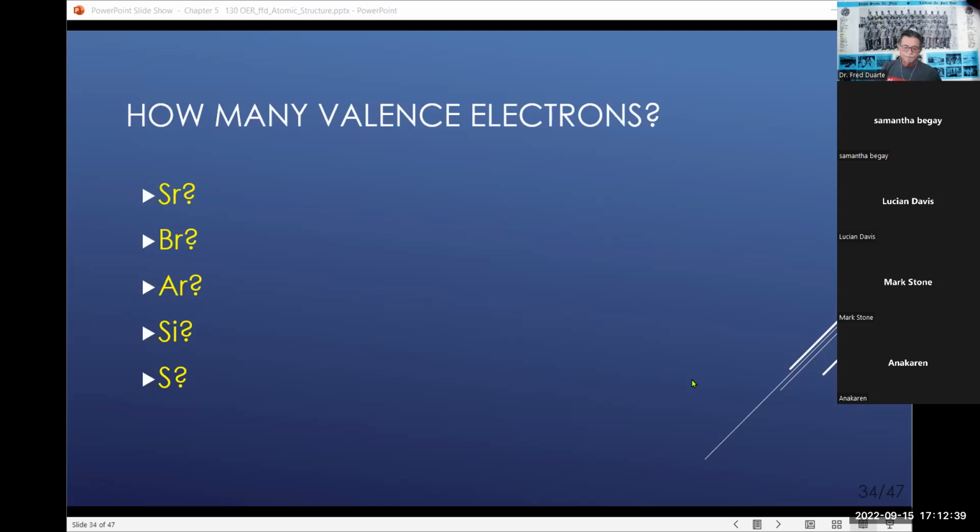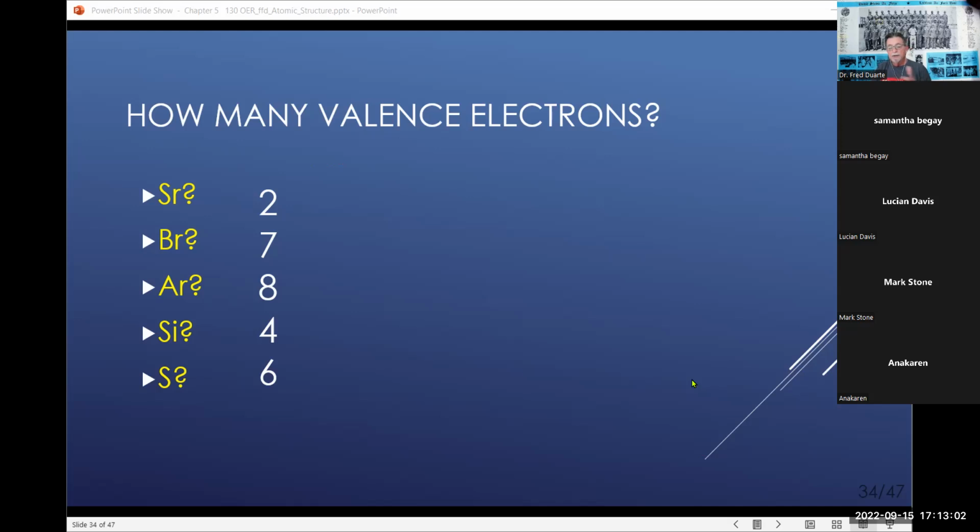All right, so here the question is, how many valence electrons? Well, again, you can write the electronic configuration for them, or you can find their position on the periodic table. So strontium, Sr, has 2 valence electrons. It is in group 2A.